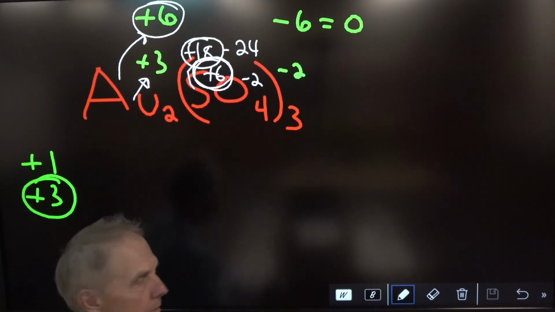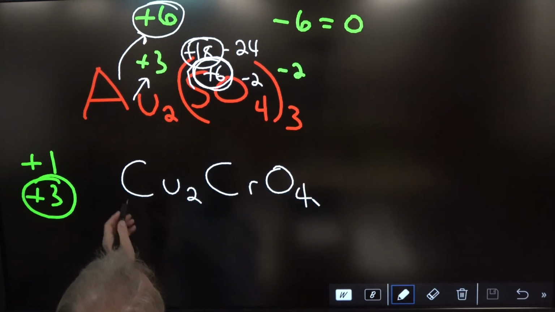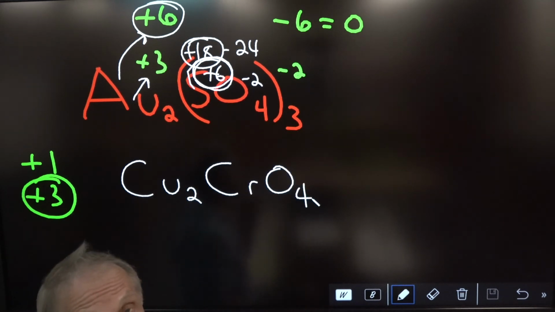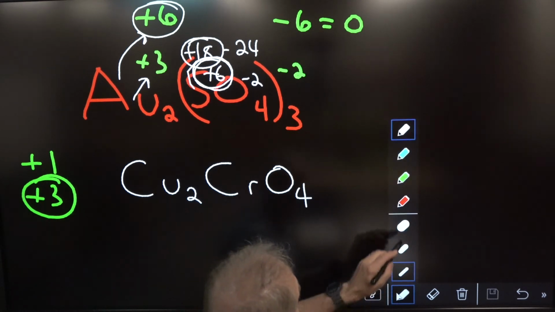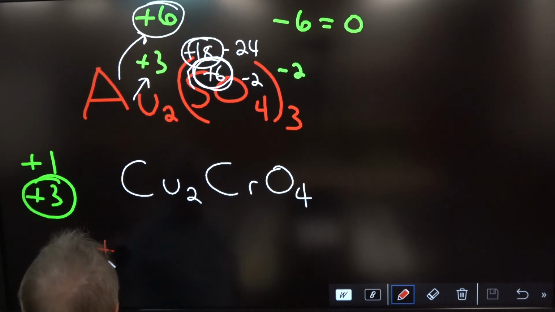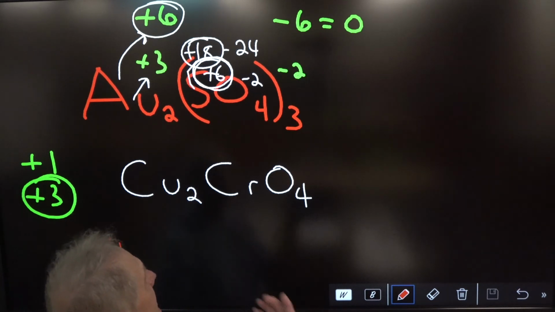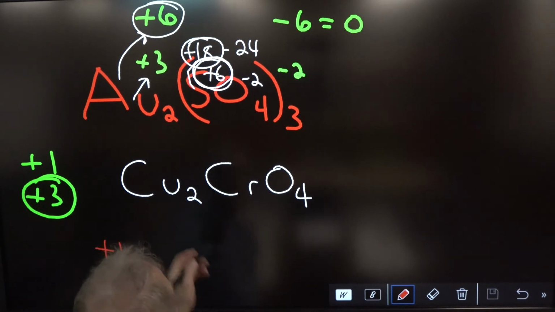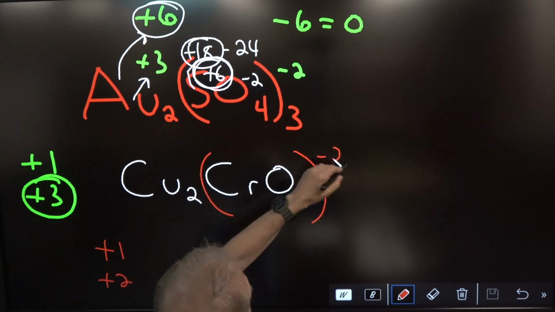So we're going to do one more, and it's this one. So we have to figure out, does copper have more than one charge? Yes, copper does have more than one charge. Here are your choices: +1 and +2. One of those has to be copper. So how do you figure it out? You see what it's hooked to. Well, it's hooked to this, and that is a -2.